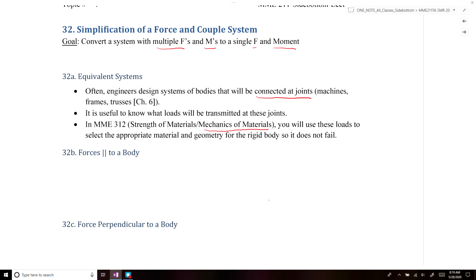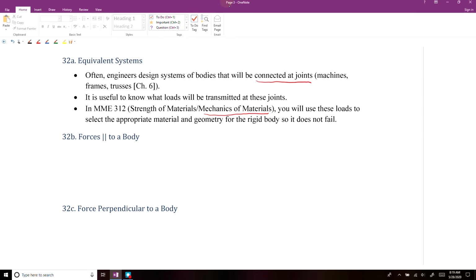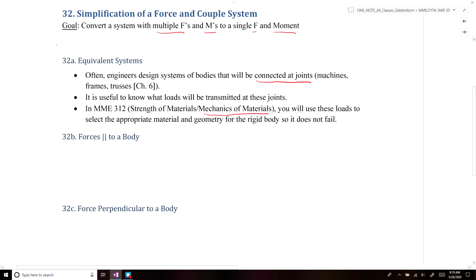Okay, so there are two types of transmitted forces. If you have a force that is parallel with a rigid body, and the force is applied to a rigid body like this, in order to keep it in equilibrium you'd have to have a joint, or if you thought of it as a person, the person would have to hold the stick at the other end.